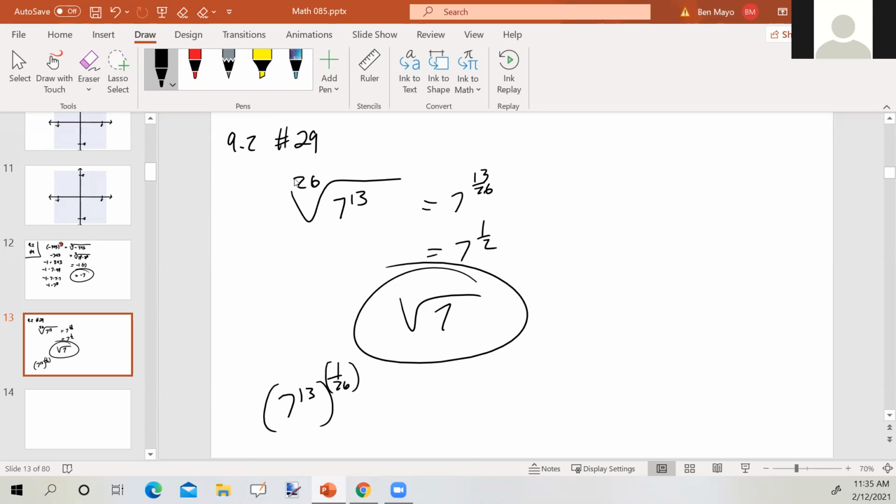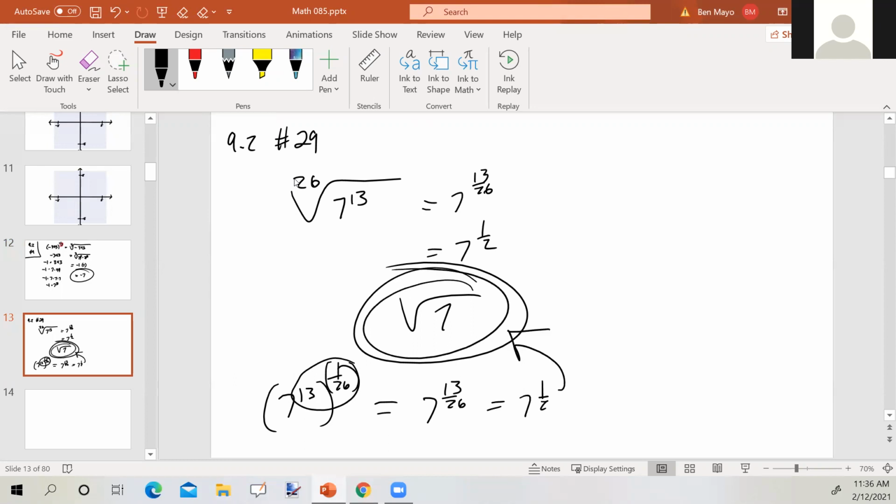And that is a correct first step, but that's not the final answer, because a power raised to a power, you'd multiply the exponents together. So eventually, you'd put it back in radical form, okay? So you were on the right track, just didn't go far enough.